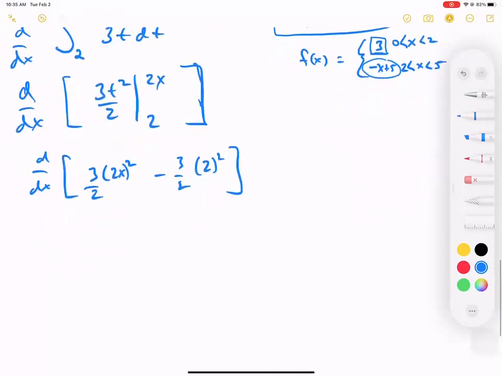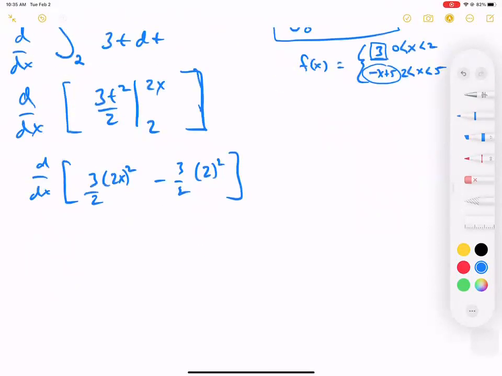Okay. Now, if I take the derivative, do I care about the constant? Goes away, 0. Everyone cool with that? That's why we never care about what that constant's going to be. But what is the derivative of this guy here? The front value would be 3 over 2. Power rule first would be 2 times 2x to the 1 power, right?